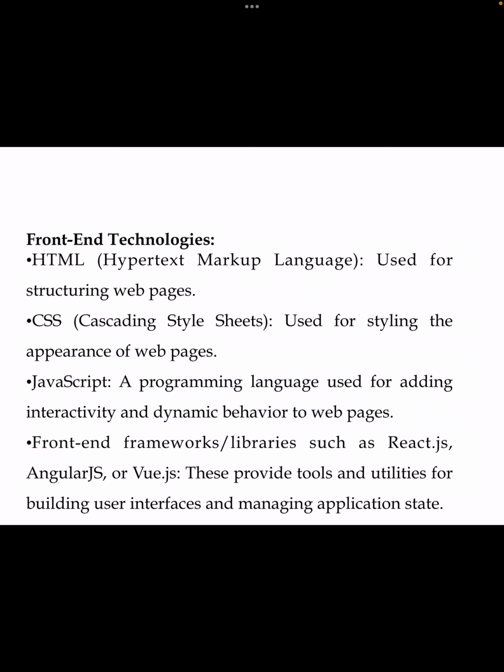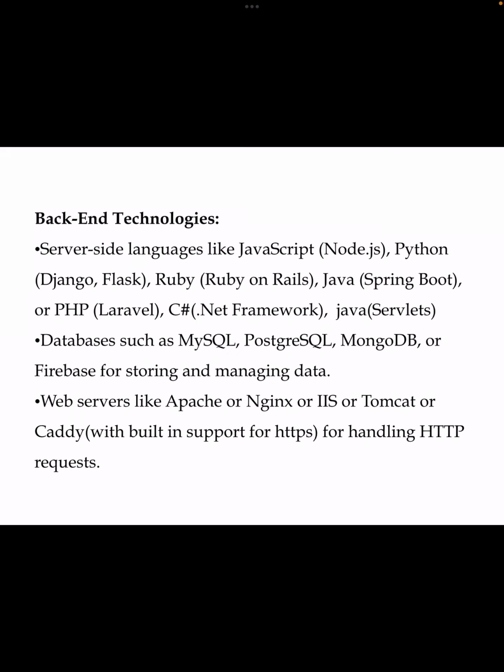There are different front-end technologies that are used. HTML is used for structuring the web pages, and CSS for styling. JavaScript is a programming language used for controlling the activities of your web pages. And we use front-end frameworks or libraries such as React.js, Angular, Vue, and different types of interfaces. For back end technologies, we use server-side languages like JavaScript, Python, Ruby, Java, C#.